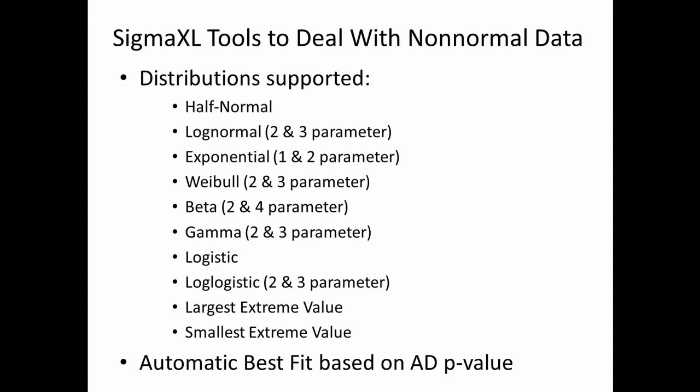So we have something called an automatic best fit, and it will go through and attempt all of the various distributions and transformations and come back and give you what the software selects as the automatic best fit. Then you can look at the Anderson-Darling p-value and say, is this working for me? And then you go ahead and use that.